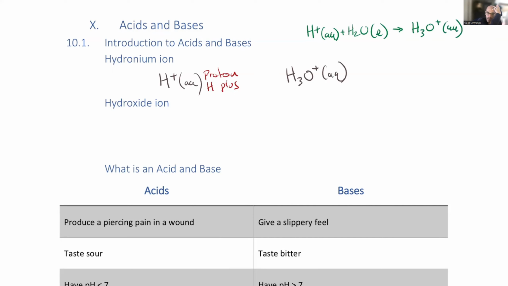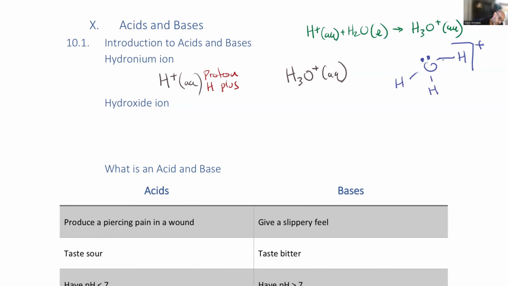So you get those things together. That's where it comes from. This is more proper to talk about as a hydronium ion. It's a water molecule that replaces one of those pairs of electrons, and this whole thing is positively charged. This is again the more proper way to look at an H plus in aqueous solution, but we don't typically use that. We typically say H plus. It's just how we do it.